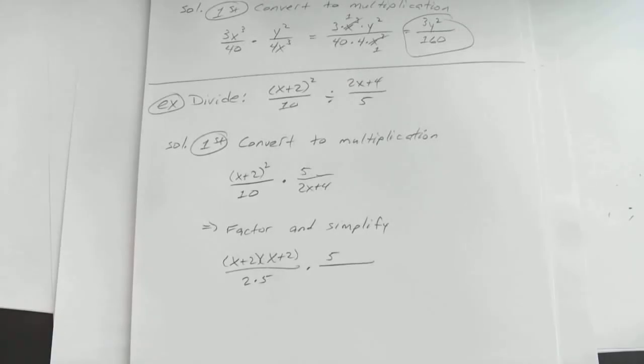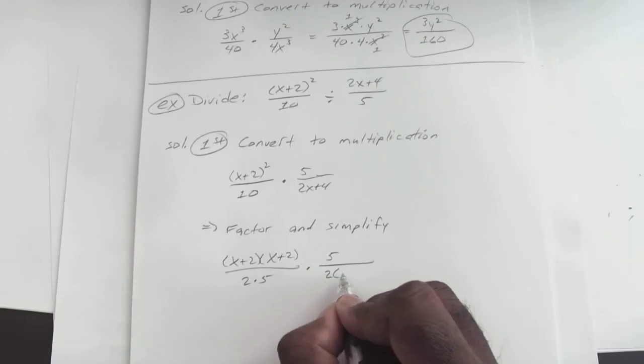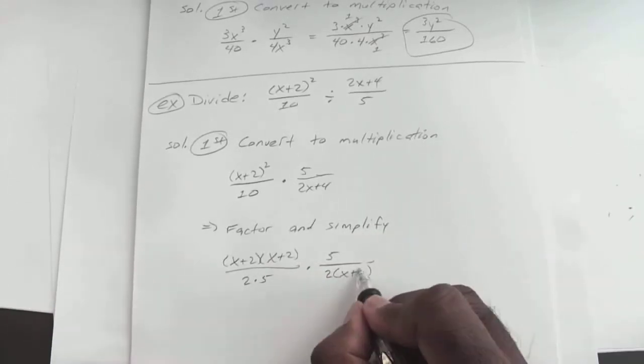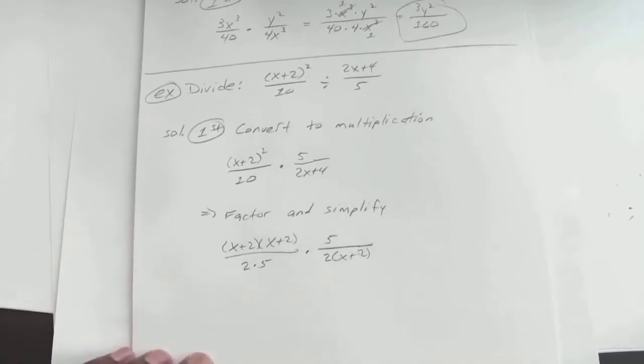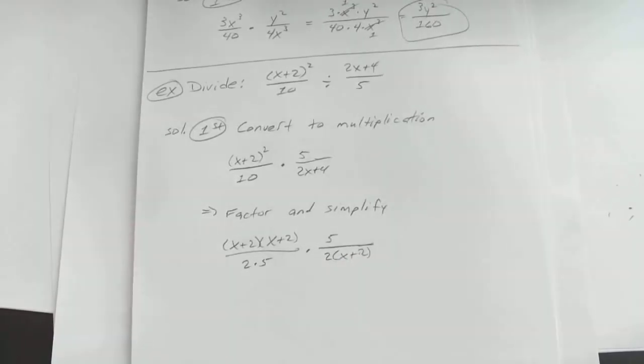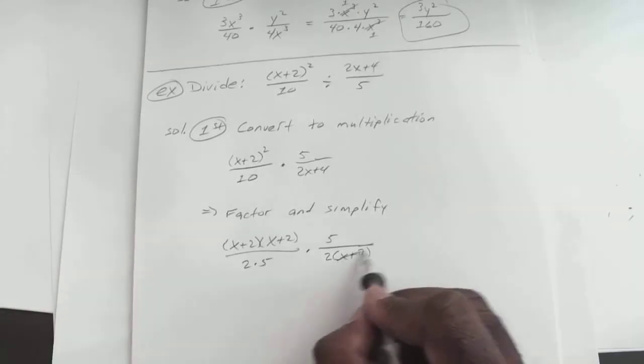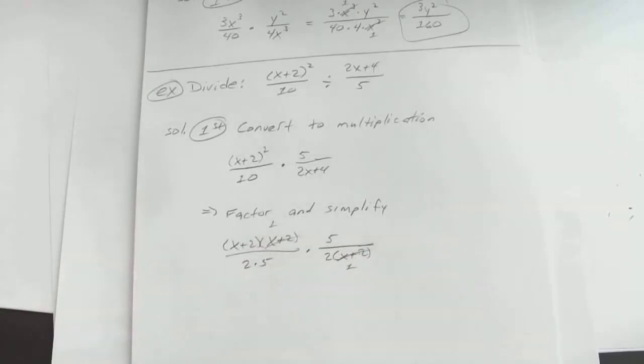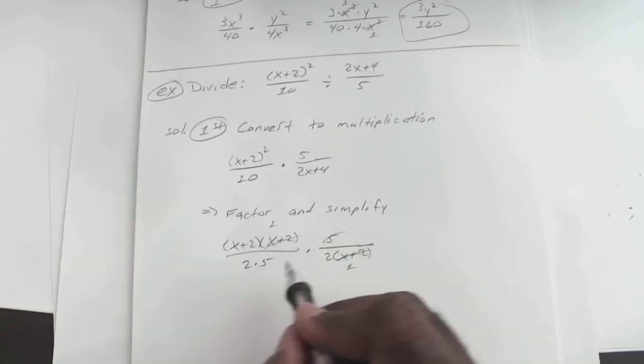And 2x plus 4, we can factor out a 2. Oh, I should have made that x plus 2. So now we cancel. We have these two, and these two cancel out.